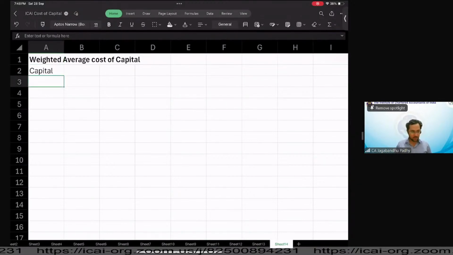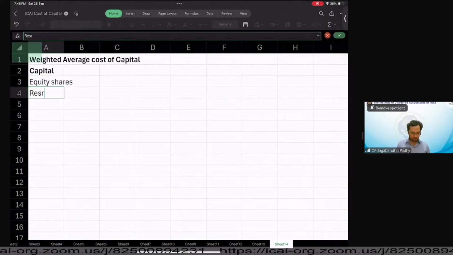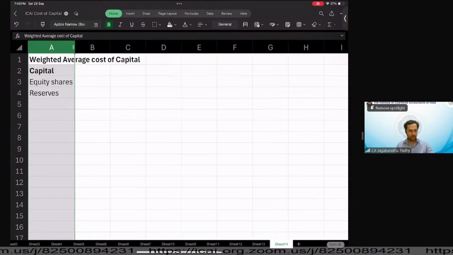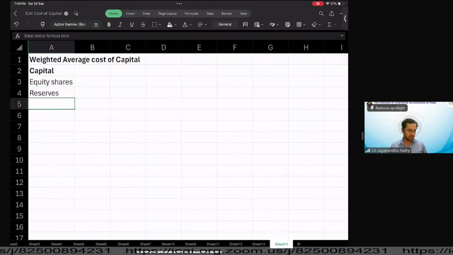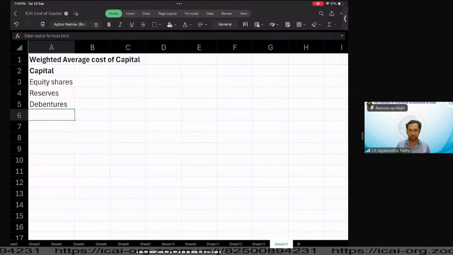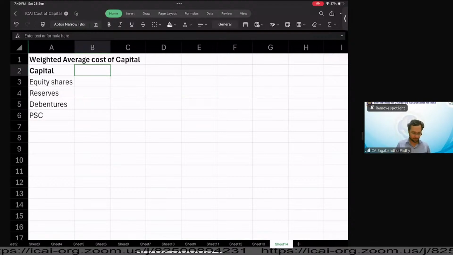So for example, we have capital as equity shares, capital in the form of reserves or retained earnings, suppose we have debentures also issued, and we have preference share capital.